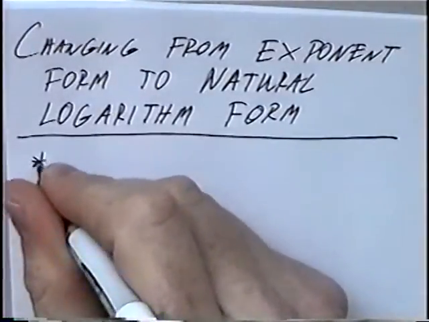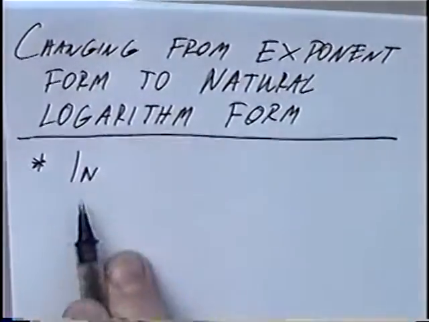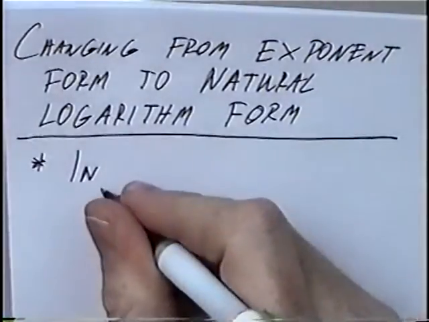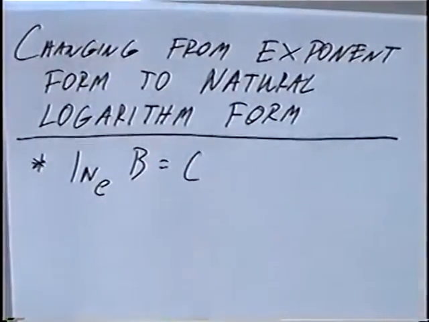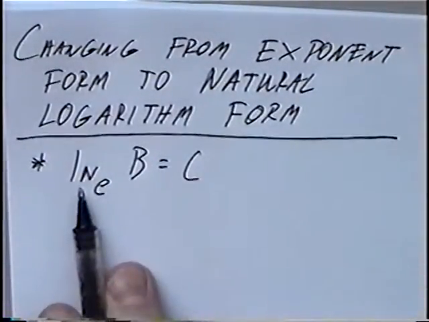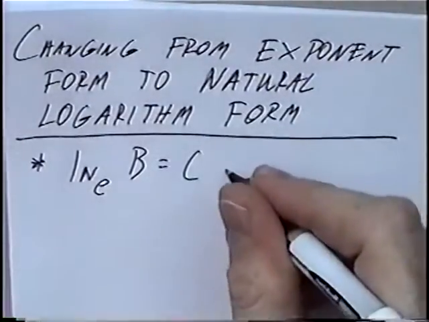One definition or formula we'll use for this section: ln, which stands for the natural log. We'll have a small e for base e, and then the two variables will be b and c. So this is the natural log of b base e is equal to c.